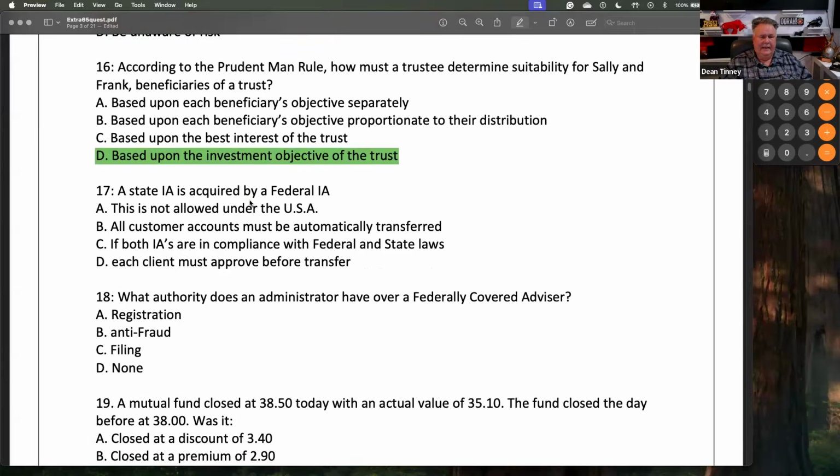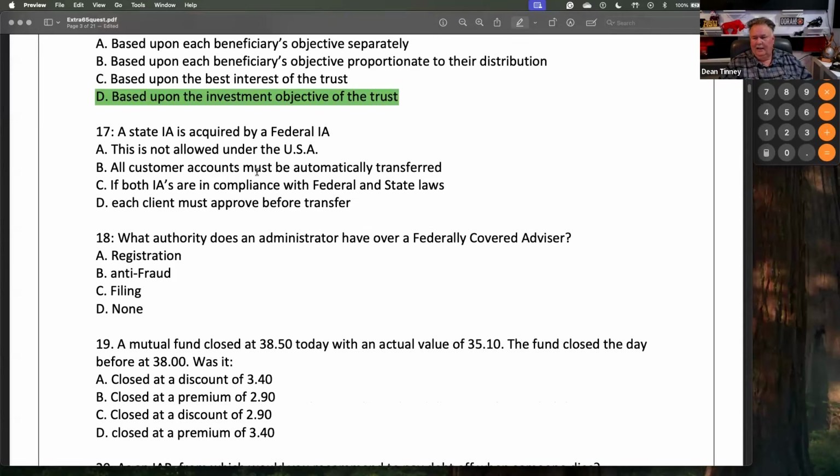A state IA is acquired by a federal IA. So I believe it's allowed.